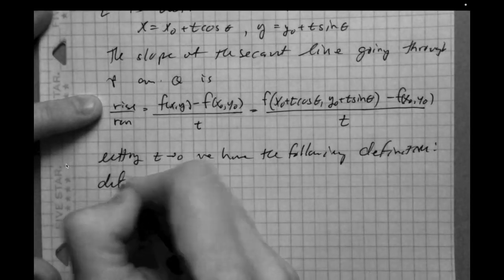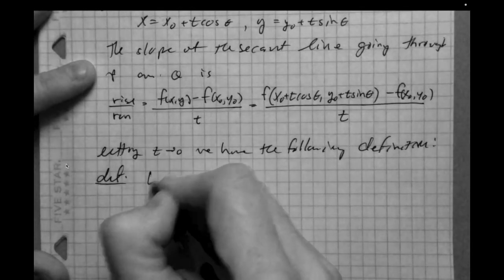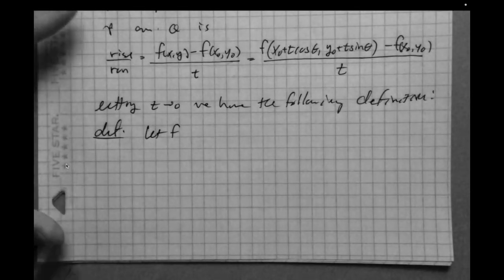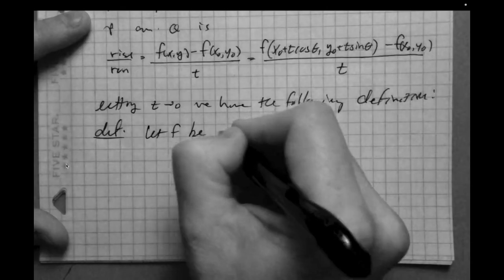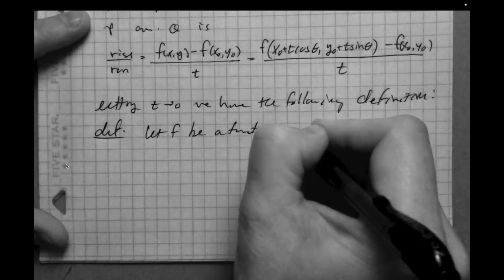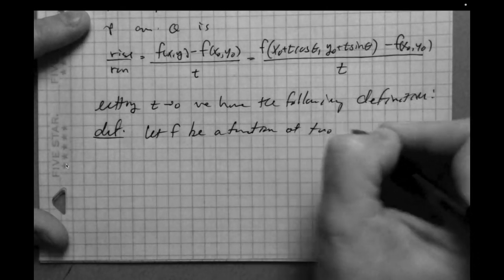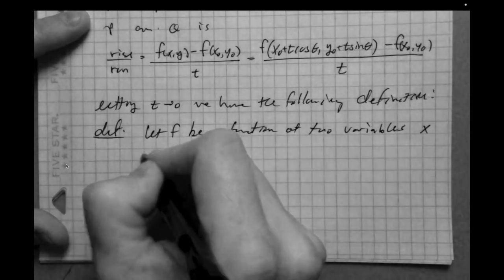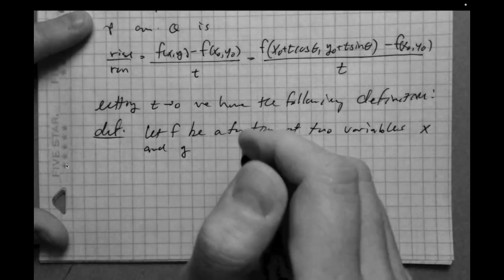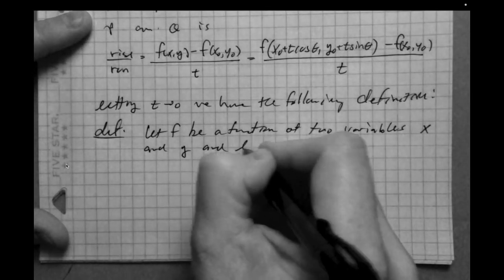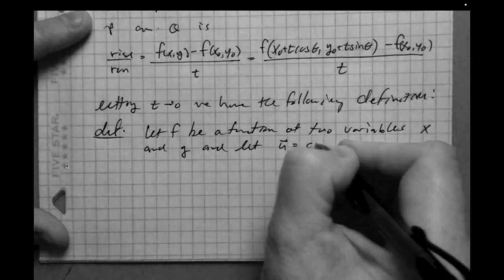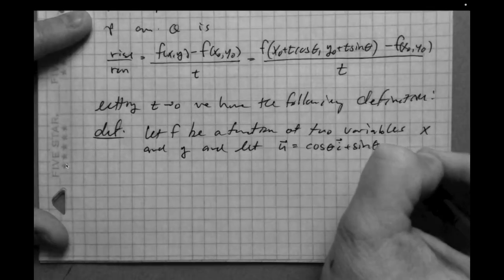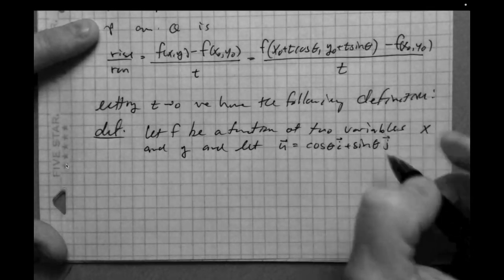So let's talk this one through. Definition: this will also serve as a summary of what we've talked through here. Let f be a function of two variables, x and y, and let u equals cos theta i plus sine theta j be a unit vector.